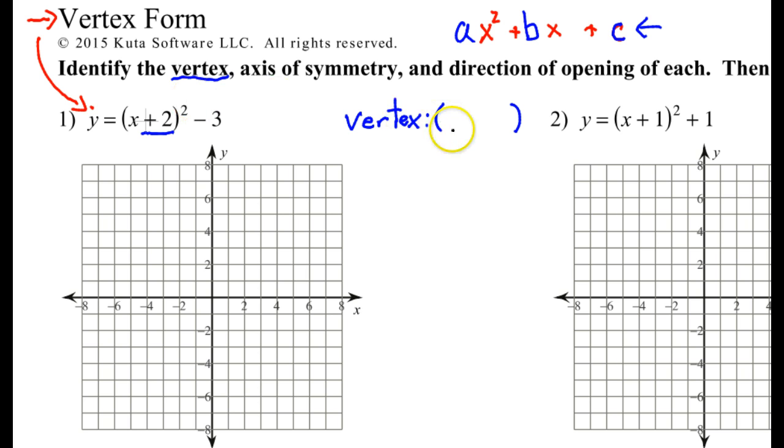So this is positive 2, so it's going to be at negative 2. And then that's always the same, minus 3. So remember how much work it was just to figure out this point before, but when it's in this format, I already know this is at negative 2 comma negative 3.